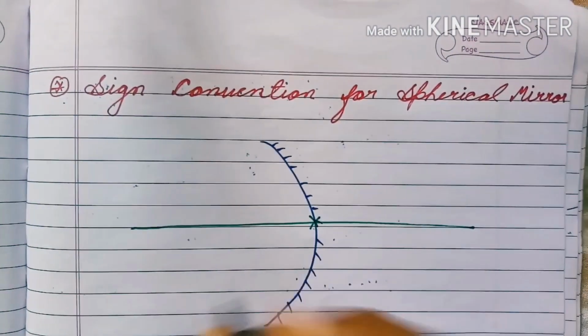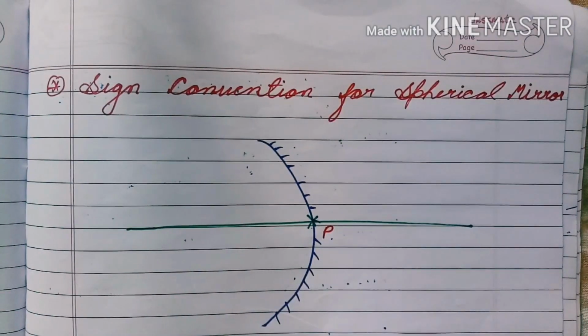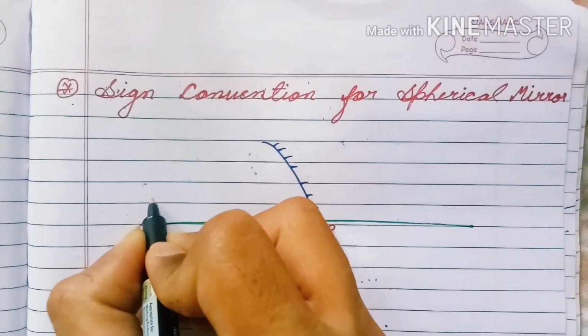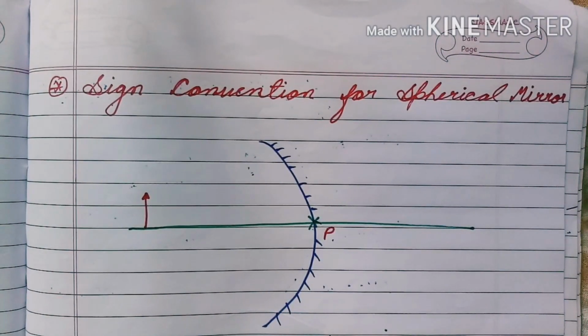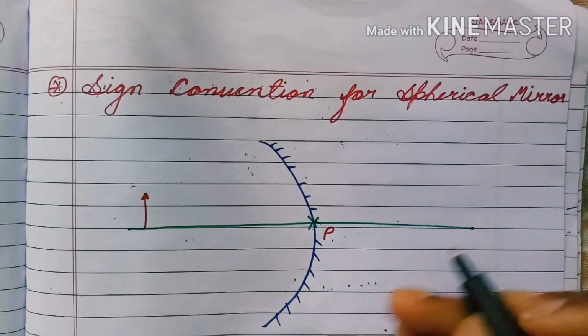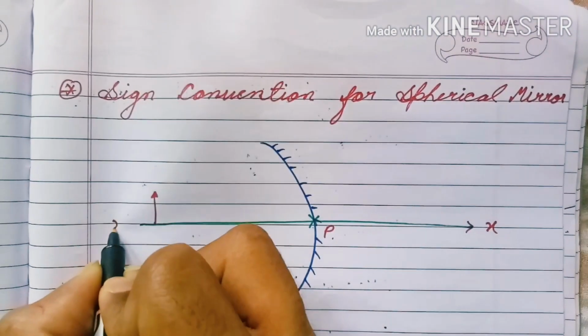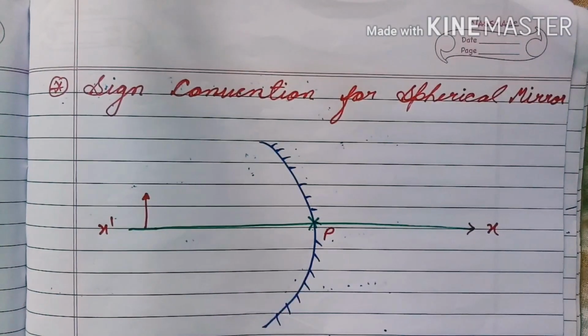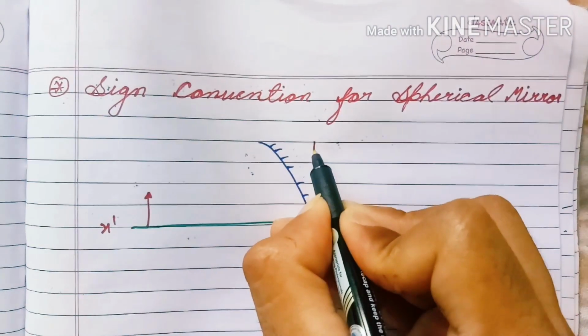So this point is the pole, and if we place an object here, and this axis is also known as the x-axis, this is x dash. If we draw another axis, that is the y-axis, this is y dash.